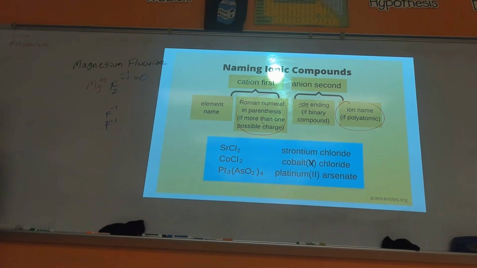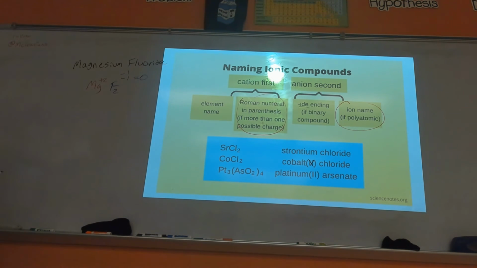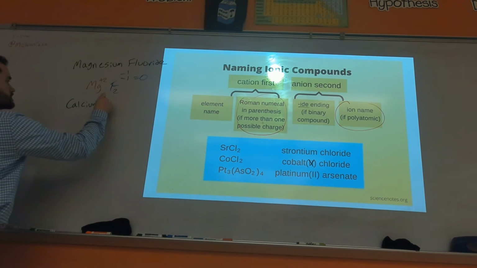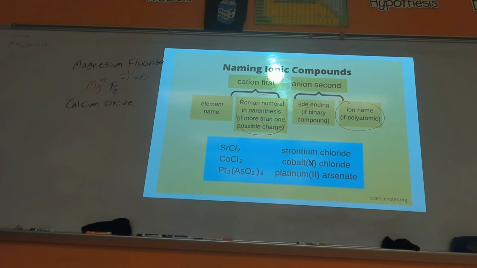Okay. Let's try to do another one. I'll go back to calcium oxide. Give yourself a minute. What would be the chemical formula for that? How would you write that?